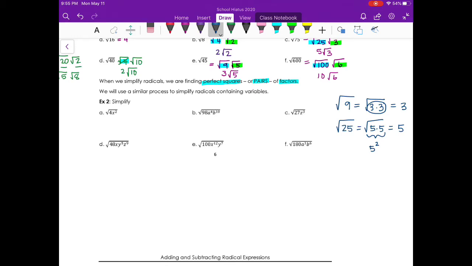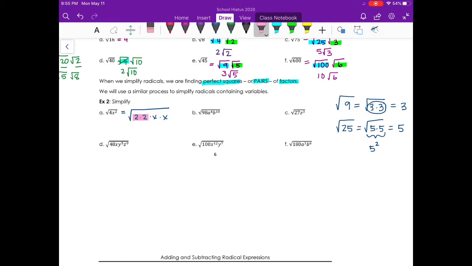So example 2a, we have the square root of 4x squared. Just to emphasize this concept a little bit, I'm going to expand this. I'm going to rewrite 4 as 2 times 2, and I'm going to rewrite x squared as x times x. We have a pair of matching factors in 2 times 2, and a perfect square is a pair of matching factors.